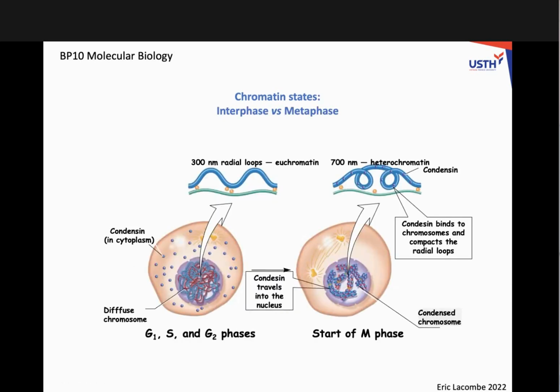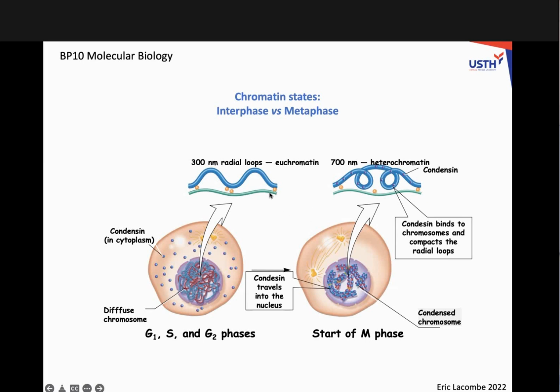Then we're going to have a look at what's happening during the different phases of mitosis. During G1, S, and G2 phase, this is the stage where most of the cells in our bodies, or in every living body, are. So the DNA is not really condensed. This is a representation of DNA that is compacted.